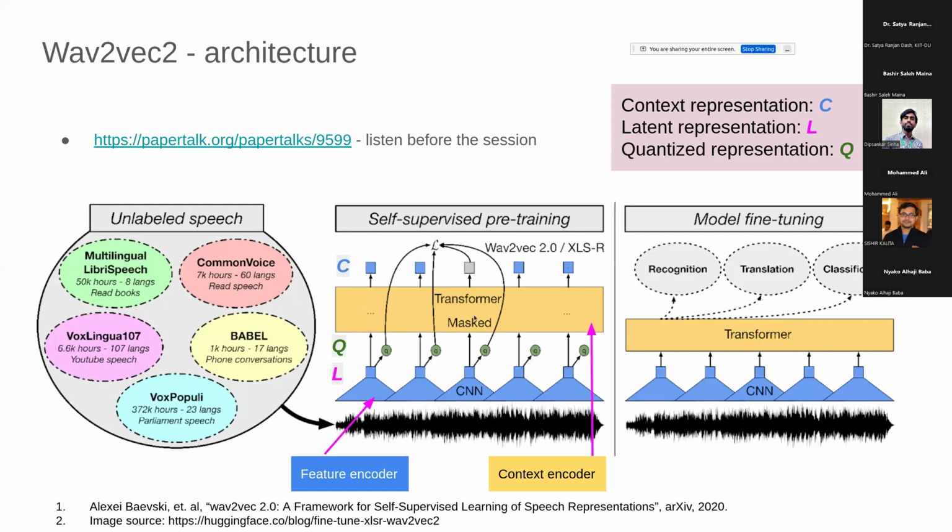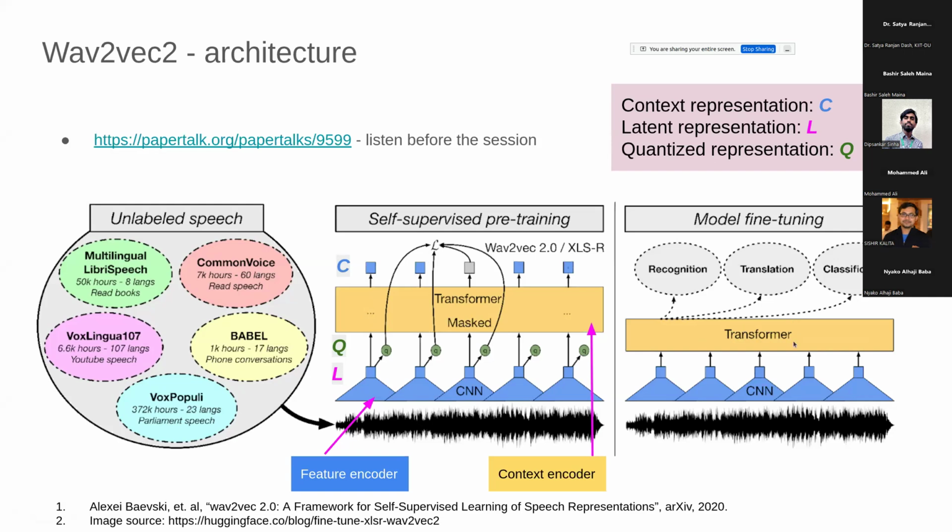To train that huge model, they used different multilingual library speech and Common Voice data. They used around Vox Populi, around 4.5 lakh hours of data, to train this huge model, because training on this much data is not feasible for us. Only big companies with huge resources can do that, and then you can use this model.